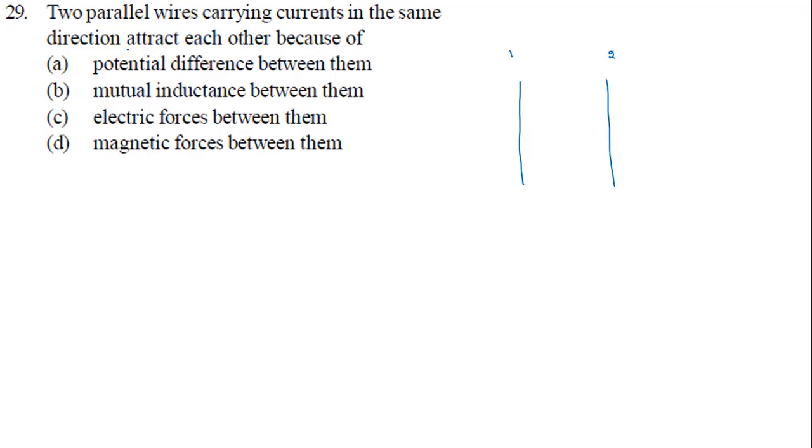Now in this question, they attract each other. Okay, force on first conductor due to second conductor like this, force on second conductor due to first conductor like this. Why? Because if it is carrying a current, using right hand thumb rule, if you hold the conductor, the magnetic field produced by the first conductor in what direction?